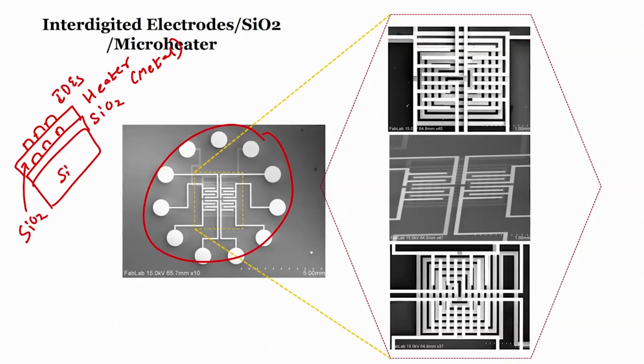You can see in this diagram there is an oxidized silicon wafer, which is a silicon wafer with silicon dioxide, on which there is a micro heater. Here there is a single micro heater, on which there is an insulator, on which there are interdigitated electrodes which are patterned using lithography.